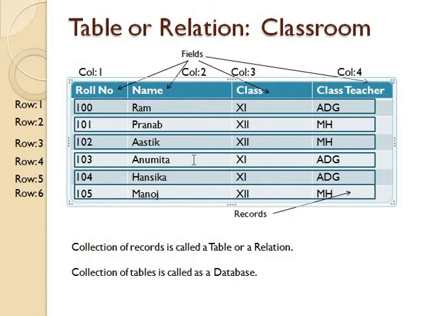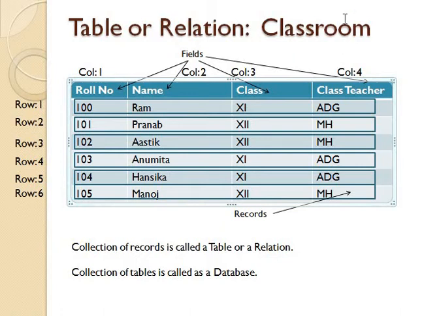and if all these tables are grouped together, they form a database. Now consider a scenario where, along with this table called classroom, you have 3 more tables. The first one is the table called subject, the second one is the table called teacher, and the third one is the table called class.